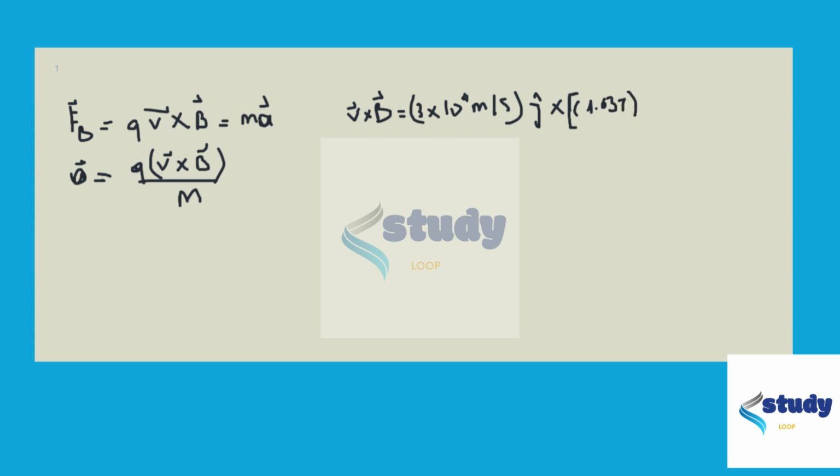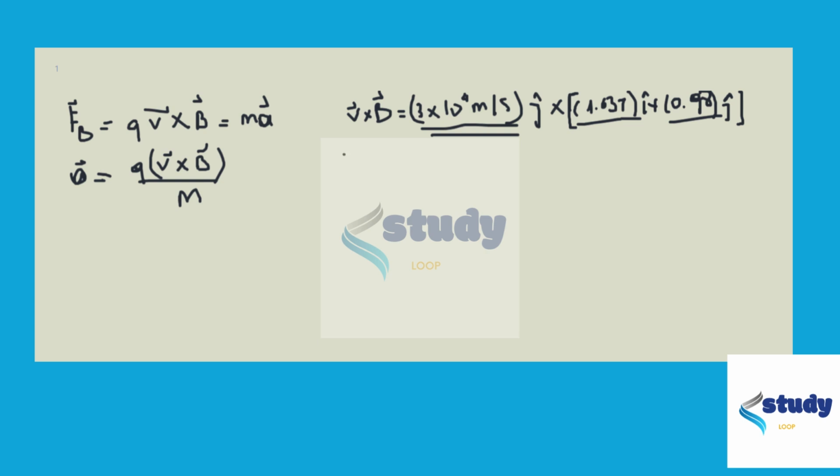This would be the X component, I hat, plus the Y component of the magnetic field is 0.98 Teslas. You can add the Tesla here, please. And then J hat, which means we're going to have two terms. This times this, and the first term times the second term of the magnetic field.